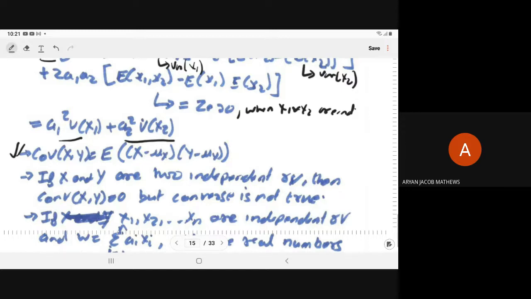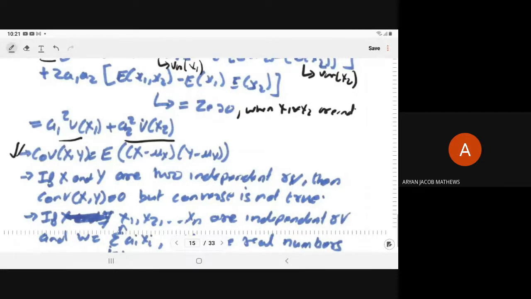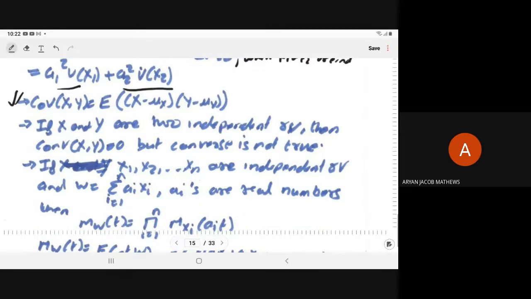But it is not necessary that if covariance is zero, then x and y are independent. X and y may not have a unique relation. That's why the covariance is coming zero, but it is not independent. Independence implies covariance is equal to zero, but covariance equal to zero does not imply independence.